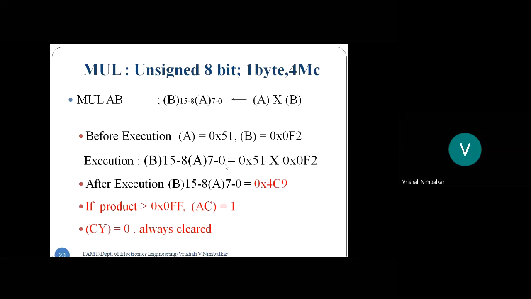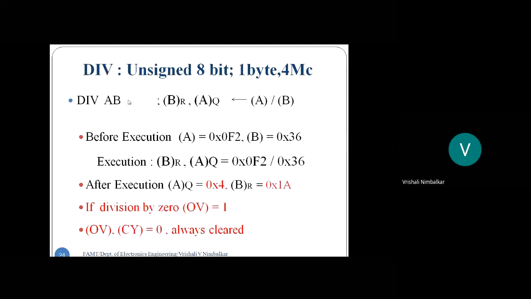So I will only store accumulator somewhere. I will not write an instruction to store B register because B has nothing. Right? So if auxiliary carry is equal to 1, then and only then I will store accumulator as well as the B register answer. So that's the reason there is an indication if the answer is 8-bit or 16-bit. Auxiliary carry set means the answer is 16-bit. Auxiliary carry 0 means the answer is 8-bit.